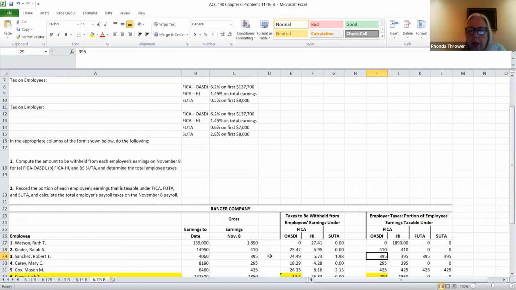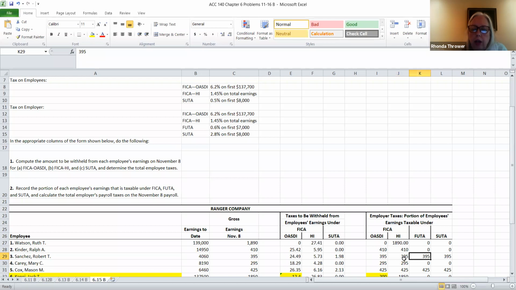Remember, we took $395 and multiplied it by 6.2%. The employer is going to be responsible for that too. The employer is also going to be responsible for $395 in HI taxable earnings.